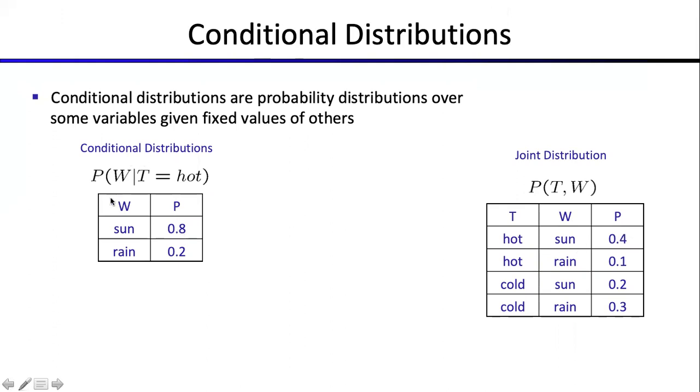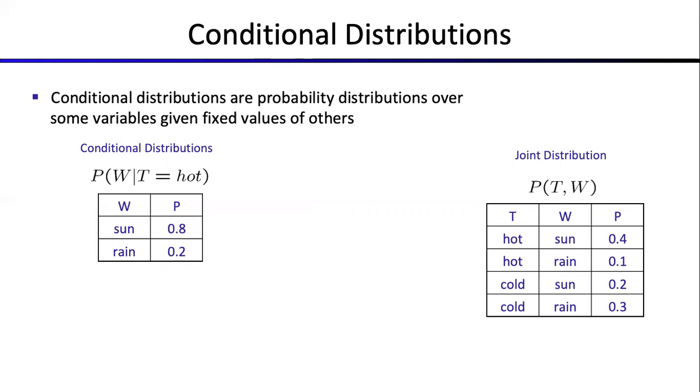So probability of W given some value of temperature. Here we haven't specified a specific value for W, so you will not get a single probability, you will have a distribution. So as you had conditional probability in the last slide I just showed you, you could also have conditional distributions.